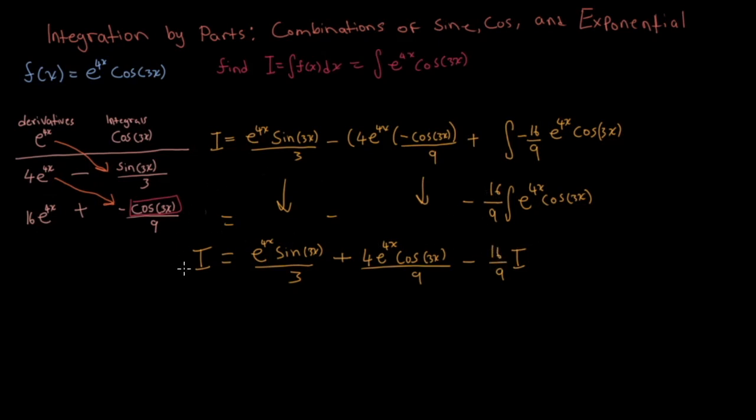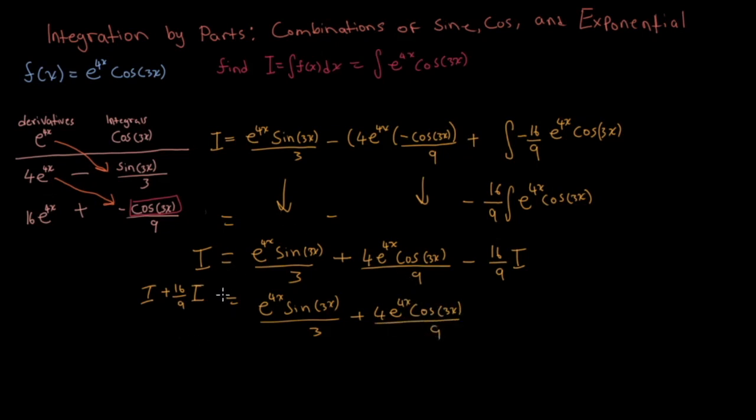So we get I plus 16 over 9 I is equal to e to the 4x sine 3x over 3 plus 4 times e to the 4x cos 3x over 9.